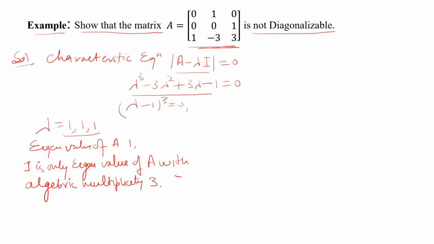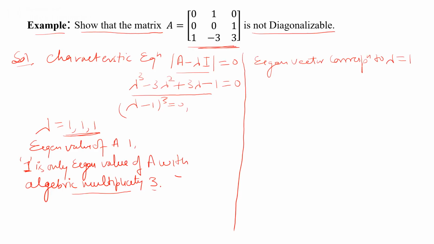It means we have an eigenvalue 1 whose algebraic multiplicity is 3, because it is repeated 3 times. Now we find the eigenvector corresponding to that eigenvalue. Now we find the eigenvector corresponding to lambda is equal to 1.